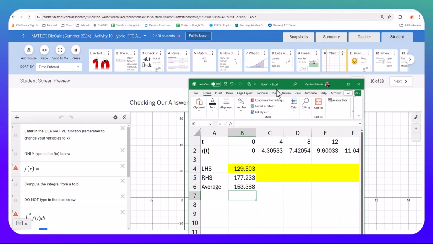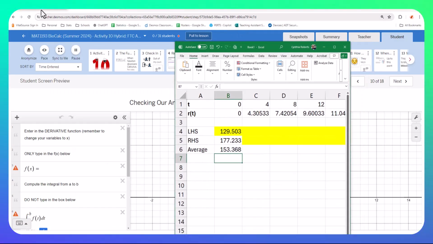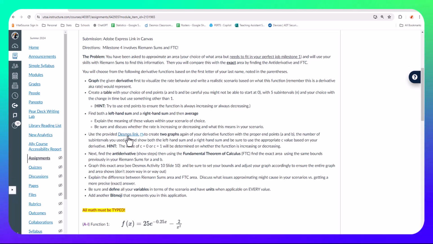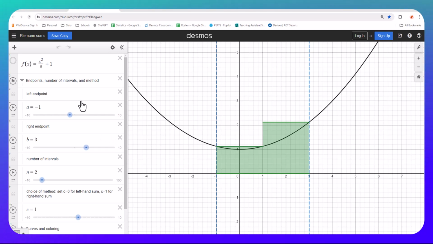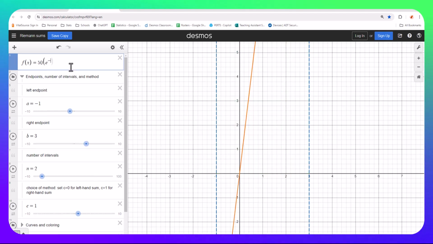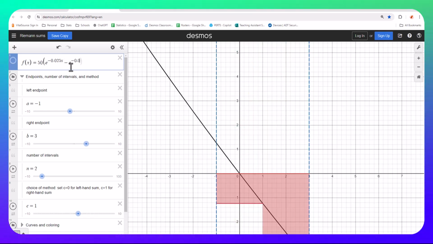Now, remember, if you go to the actual project here, you can use this Desmos link, because this is what you'll be doing in your project. And then what you want to do is type in the rate, which was 50e to the negative 0.025x, minus e to the negative 0.05x.